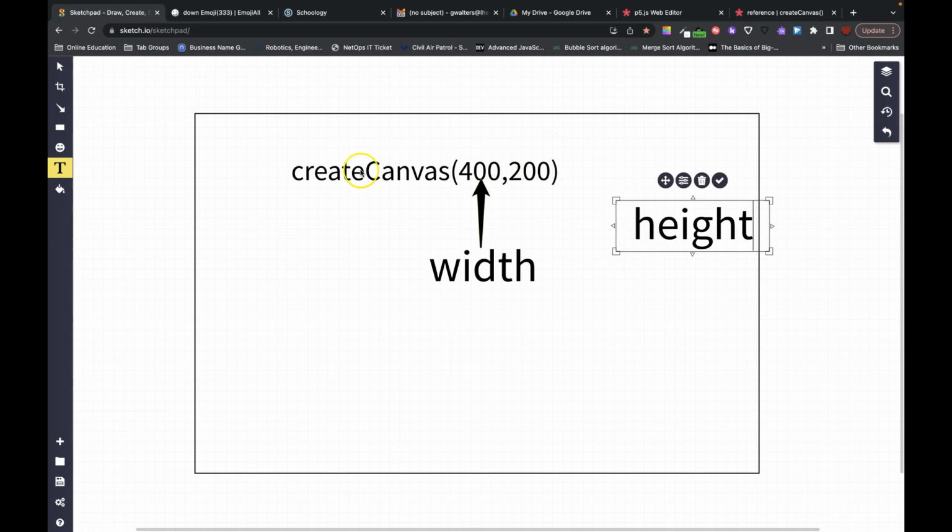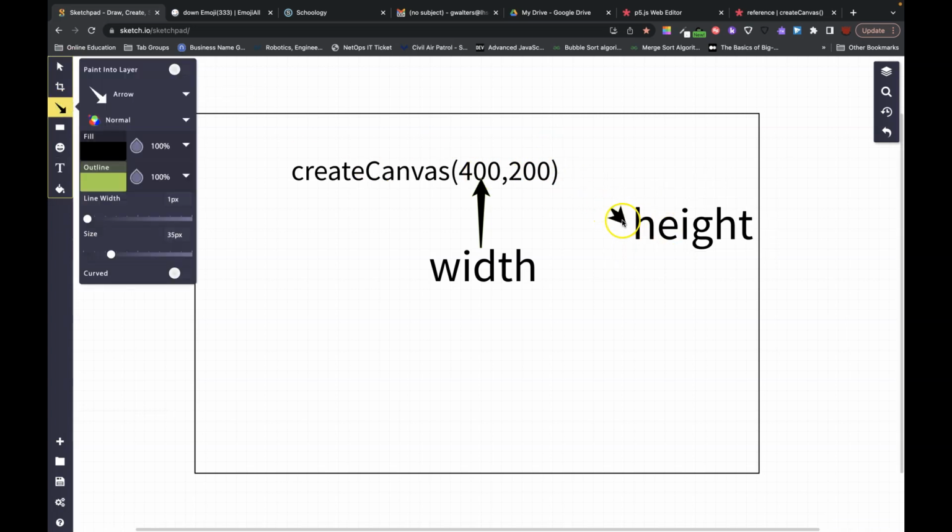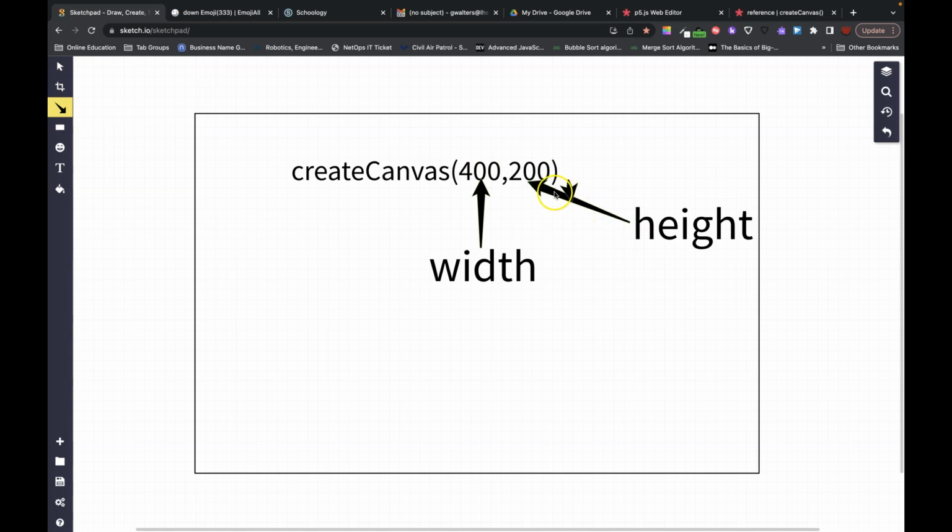It's not capitalized at all, but that's what it is used to refer to. So the first one, 400, is stored as the width, and 200 is stored as the height. If I was trying to print that width later on, it would print 400. If I created a canvas that was 800 by 200, the width would be holding the value of 800 and the height would be holding the value of 200.